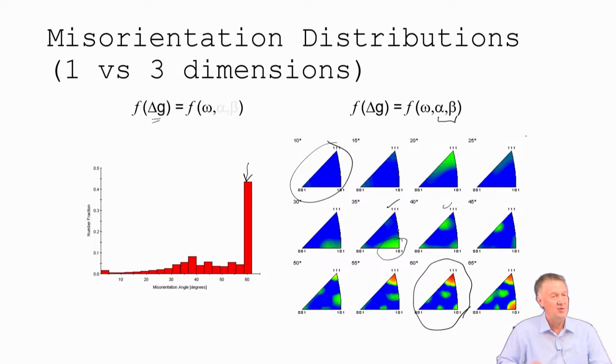And it turns out that 39 degrees about 110 is the sigma 9 boundary, which is a second order twin. Right? So if you have a twin and then it twins again, you'll get a sigma 9 boundary. And so that also is consistent with what we might expect in the distribution. Well, you can measure that. It comes out directly in the functions.